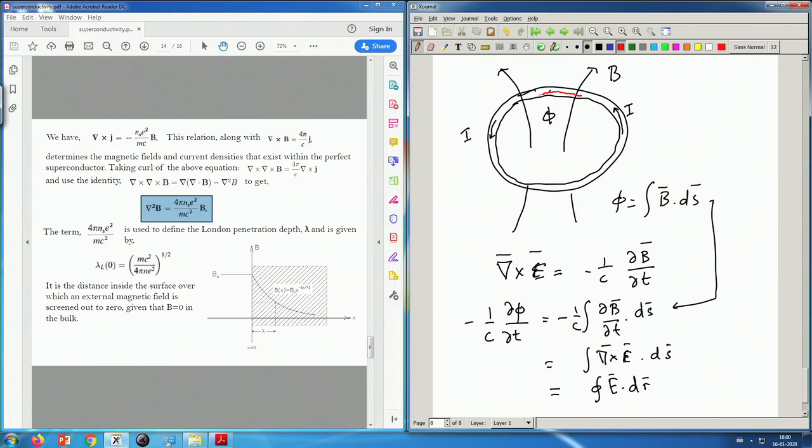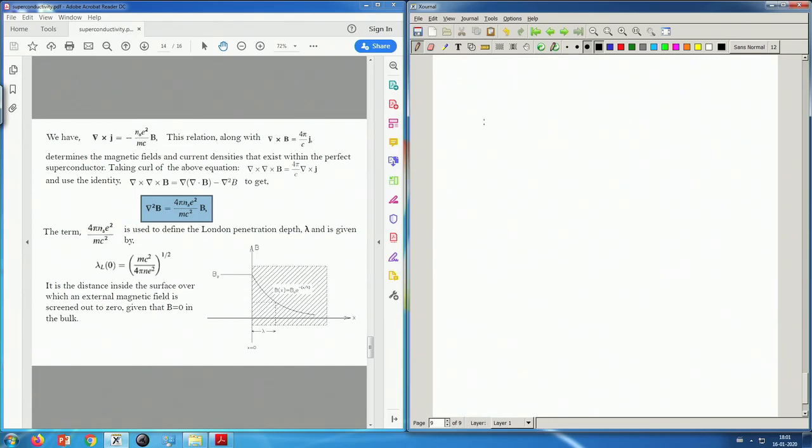That is the contour over which you will do the integration. And we know that inside the superconductor E is 0. So, this will lead to 0. That means d phi dt, the change of flux, is 0.